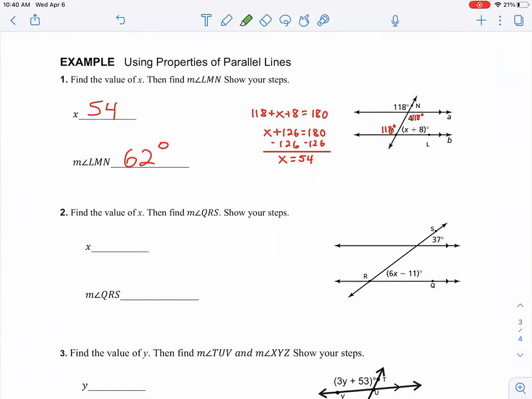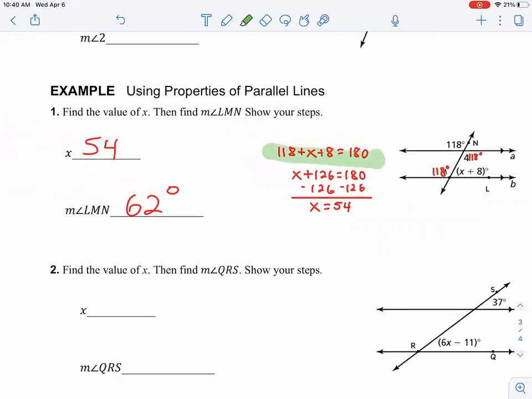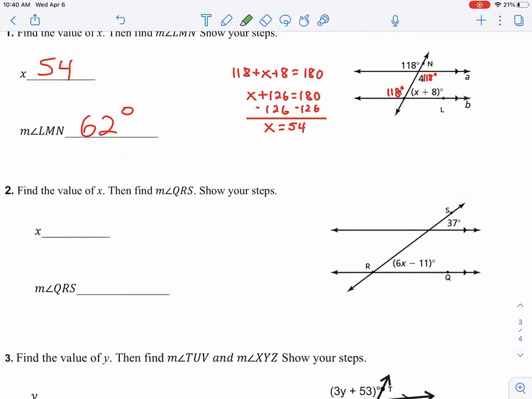Now, sometimes those two angles equal each other, which is why I wrote this equation, set them equal to each other. I'm sorry, or equal 180. Sometimes they're supplementary, and sometimes they equal each other. So for example, in the next one, in problem 2, those two things will equal each other.